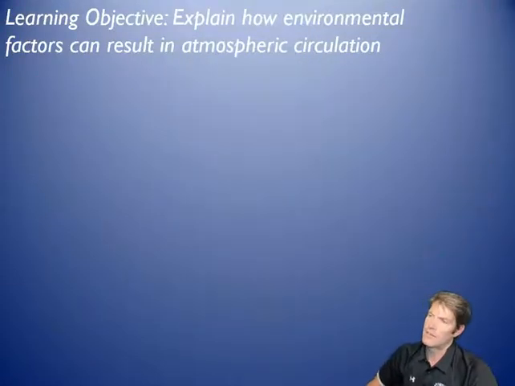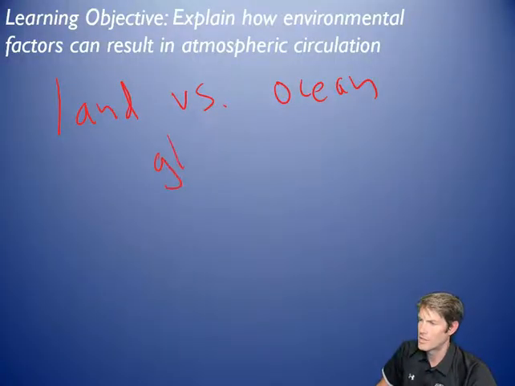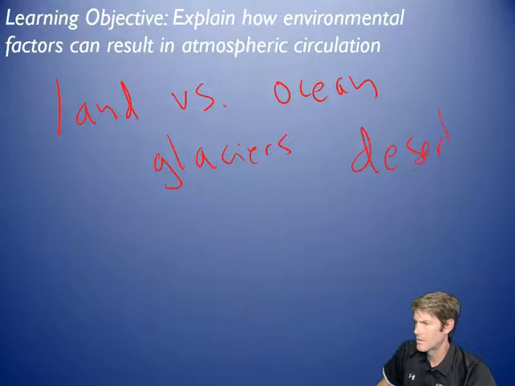So, environmental factors resulting in atmospheric circulation. Factors like land. We have different surfaces like land versus the ocean, and we have glaciers in some places. We have deserts.